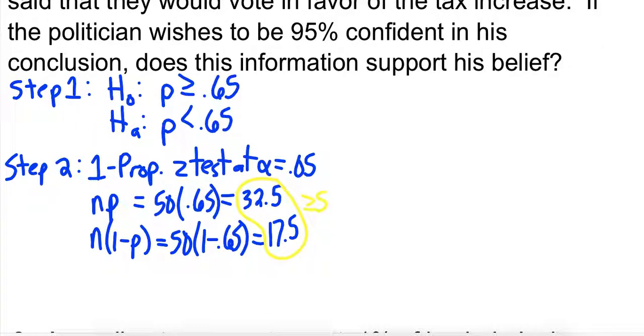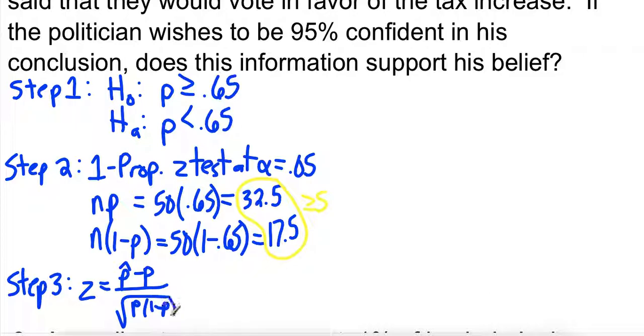All right, step 3. We are going to calculate our test statistic. This is where we're going to use that formula from the other side of the notes. That z is p hat minus p over the square root of p times 1 minus p over n. Remember, p hat comes from his survey, his sample. He found it was 27 out of 50 supported this.